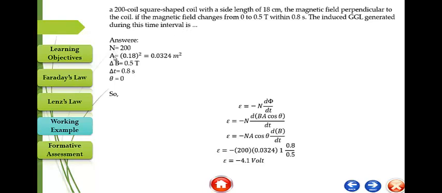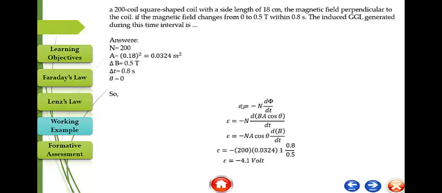Okay, we know that the surface area is 0.18 squared, then 0.0324, and the magnetic field change is 0.5, the time change is 0.8, and because the magnetic field is perpendicular to the coil, the theta is 0.